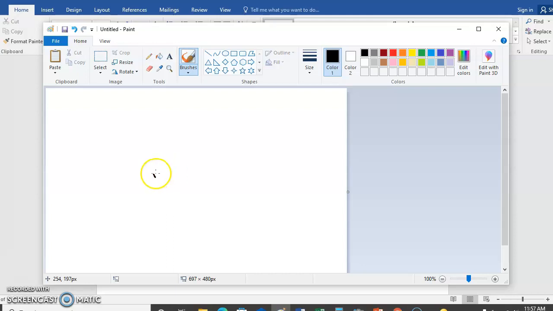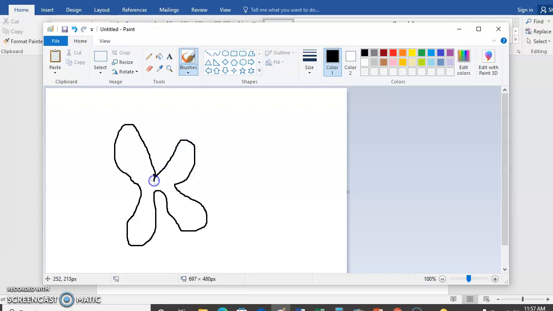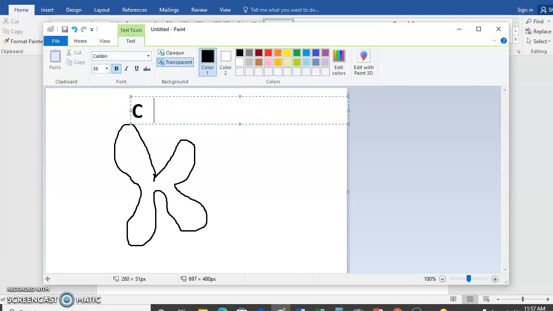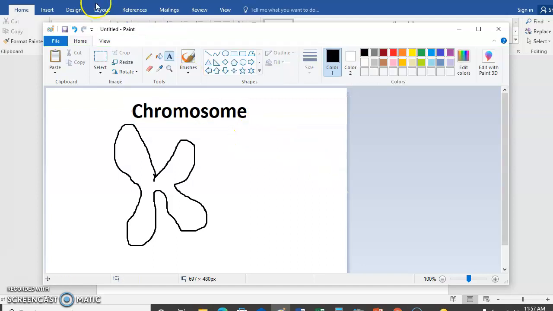It says draw a chromosome. So a chromosome looks like this. Now, as we see there, it looks like the letter H, right?